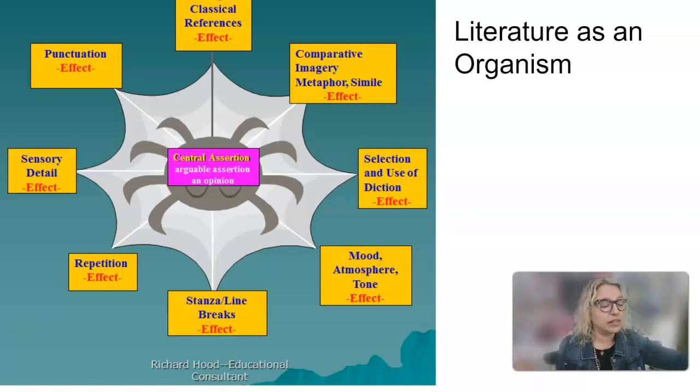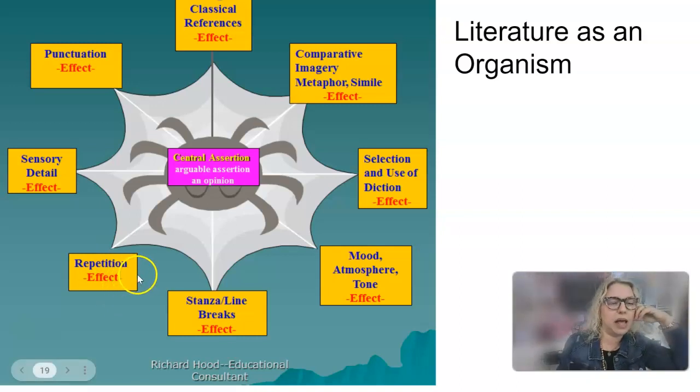And the literary text is seen not as made up of isolated images or symbols or parts, but as an organic whole. And so if you take a look at Hood's different elements, he mentions punctuation, sensory detail, which he isolates from imagery in comparative imagery.